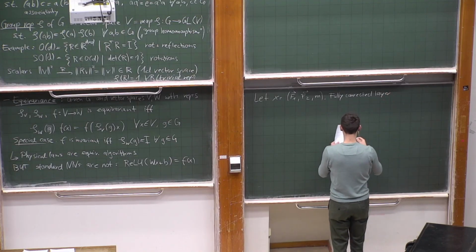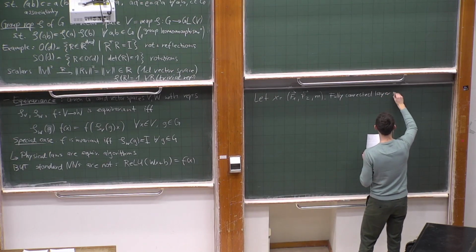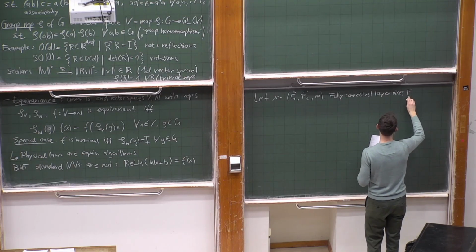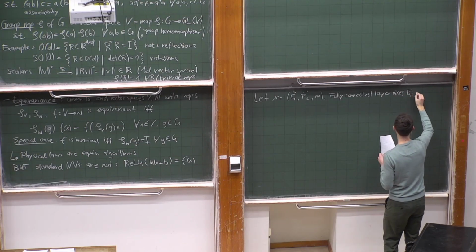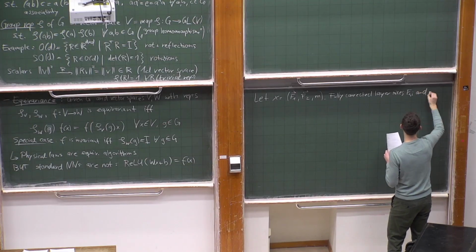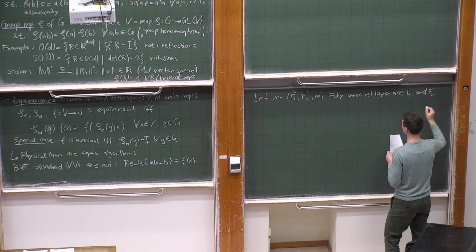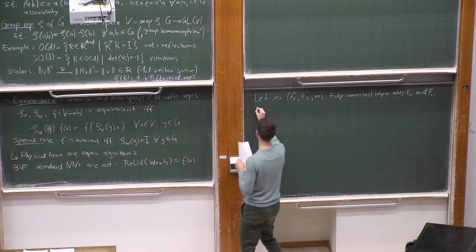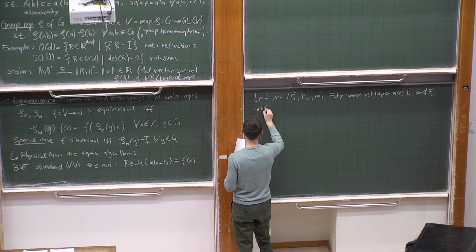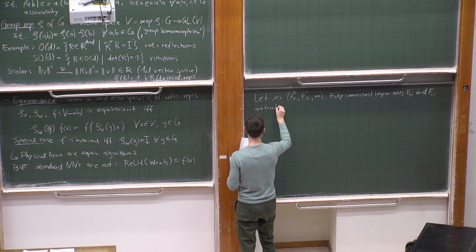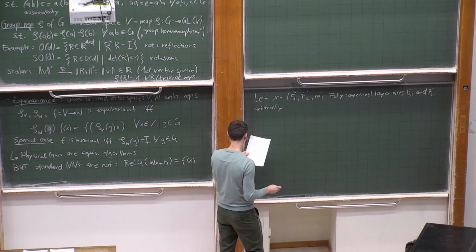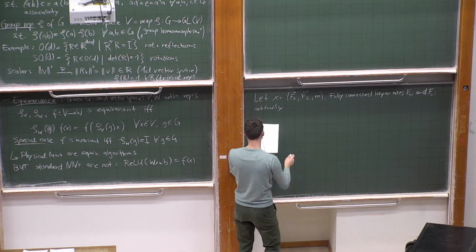fully connected layer will mix the components of the vectors of these forces here, will mix them arbitrarily. Which is bad, at least for equivariance.